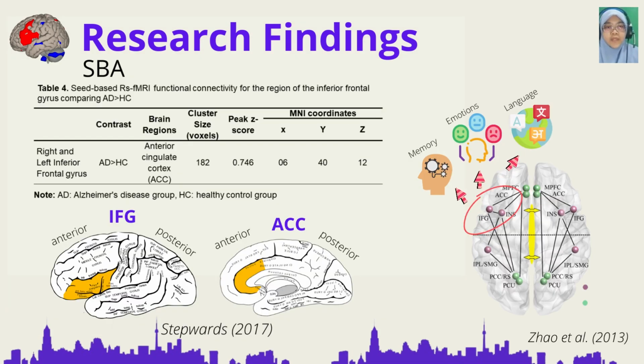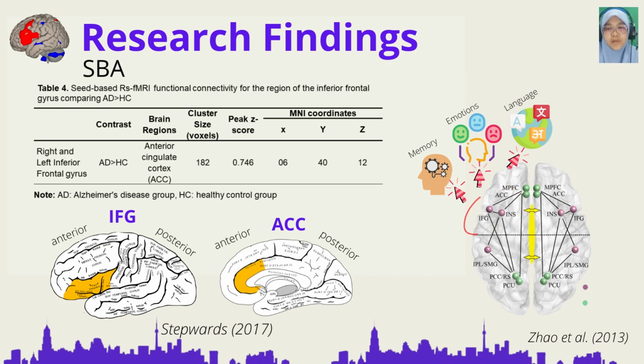Okay, as you can see here, the seed-based result from the functional connectivity using CONN toolbox, which we compare AD more than HC, shows the right and left inferior frontal gyrus have connection to the ACC, anterior cingulate cortex.